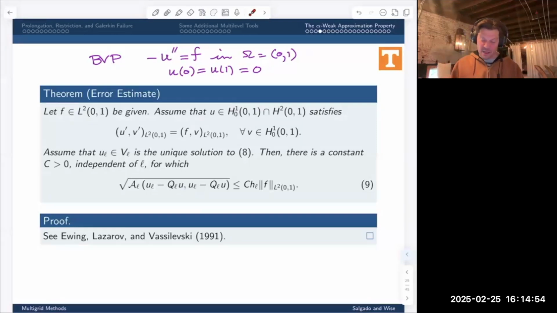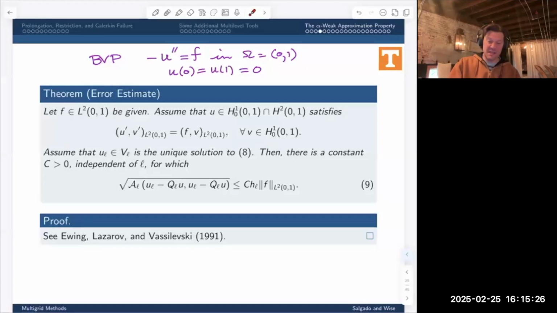So what we're saying is the norm of that difference, u_L minus not u, but its projection into the space V_L, is less than a constant, which is independent of L, times h_L, that's the size of the mesh on level L, times the L2 norm of f. This is about as good as you could ask for, because if I look at the finite element setting, I have the same sort of order of accuracy.